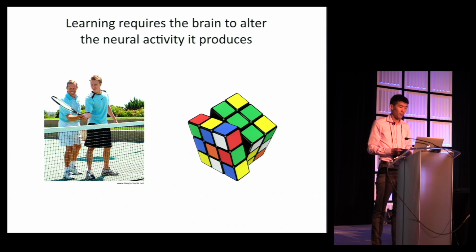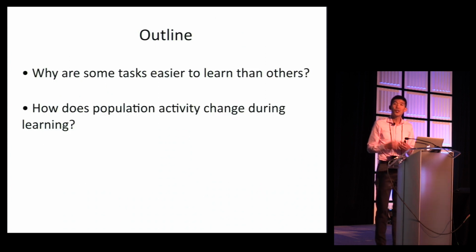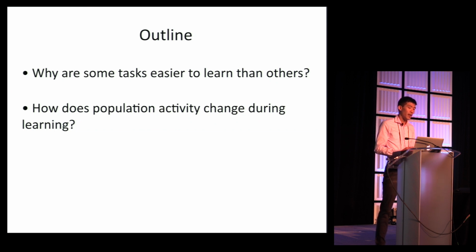Okay, so we're going to address 2 key questions. Okay, the first question is, why are some tasks easier to learn than others? Okay, and then the second question is, how does neural activity change during learning?